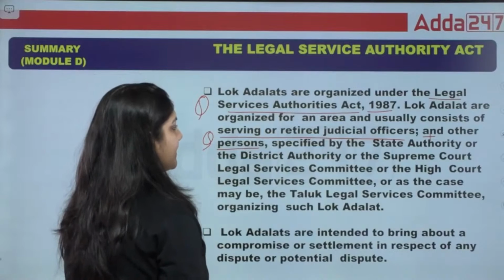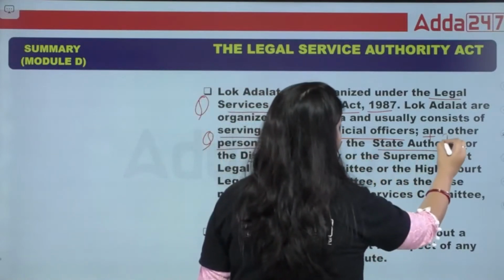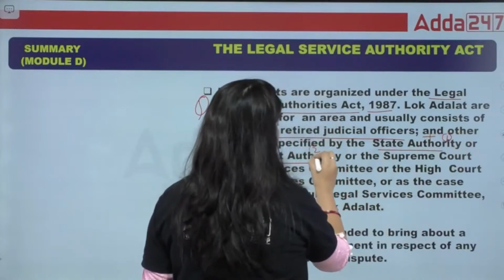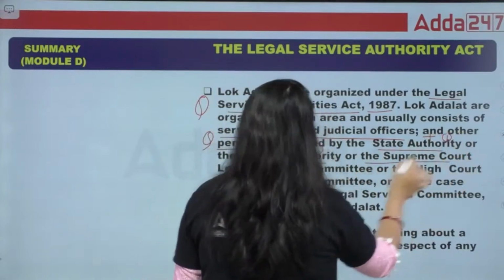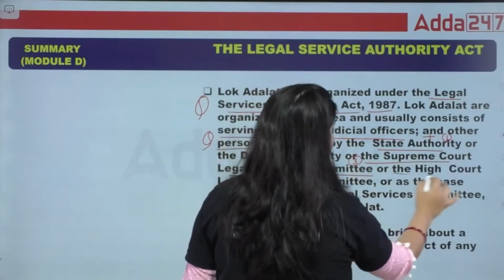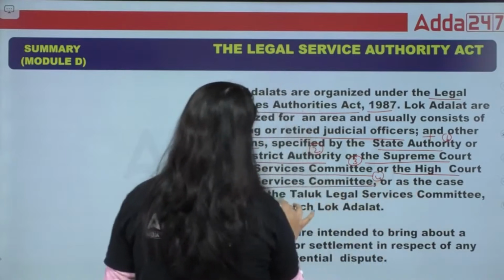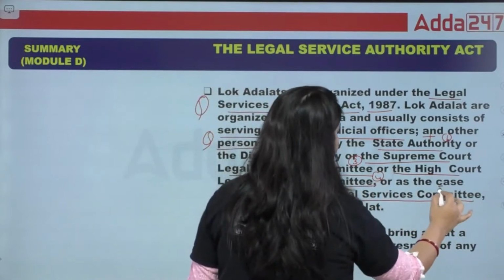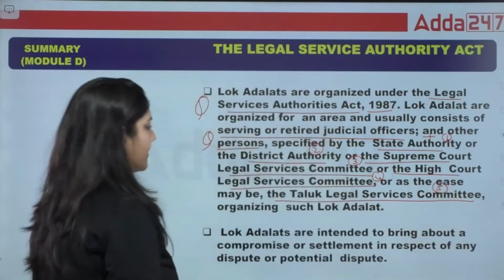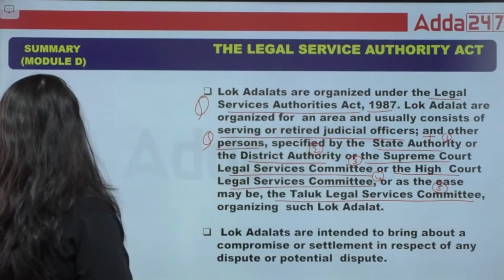Specified by the state authority, district authority, right? This is 1, this is 2. The Supreme Court Legal Services Committee, 3. The High Court Legal Services Committee, 4. And the Taluk Legal Services Committee. So these organize the Lok Adalat. So this is very important.